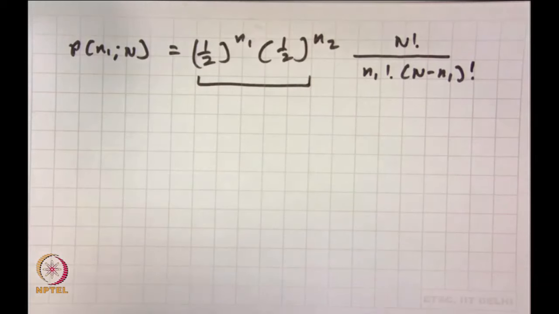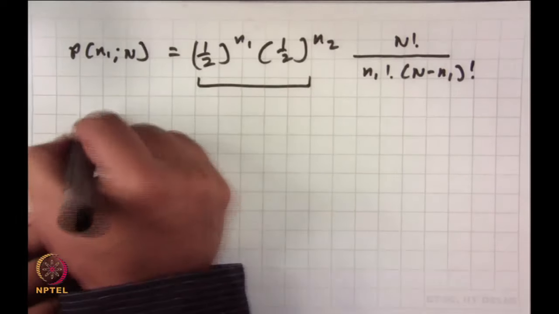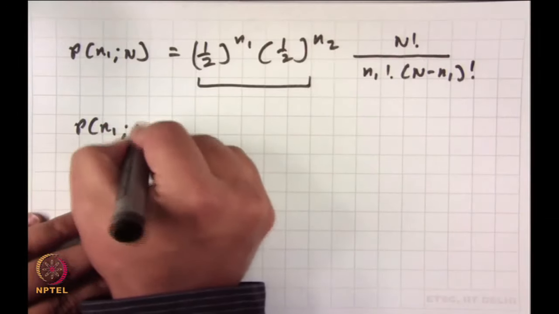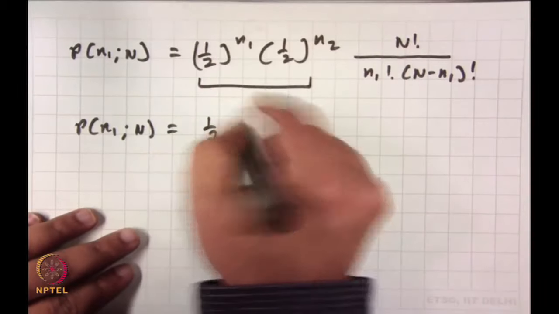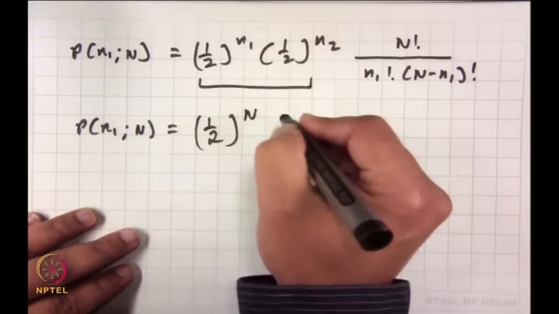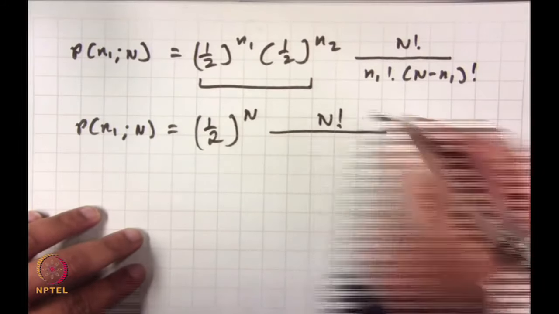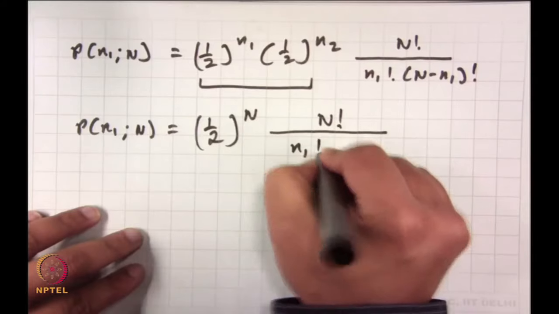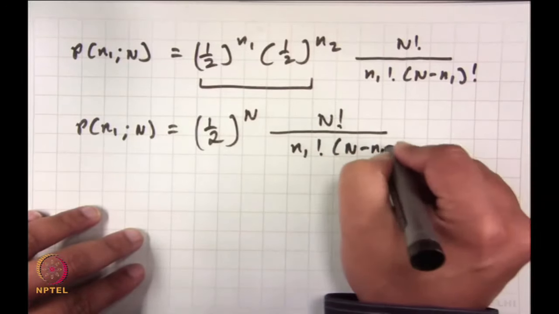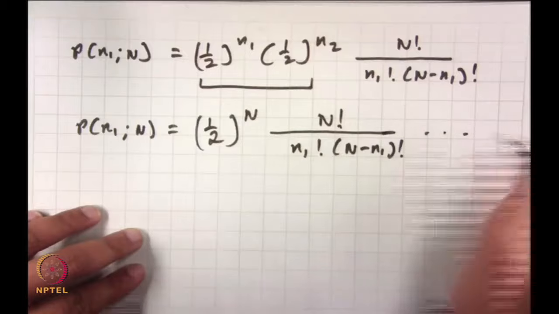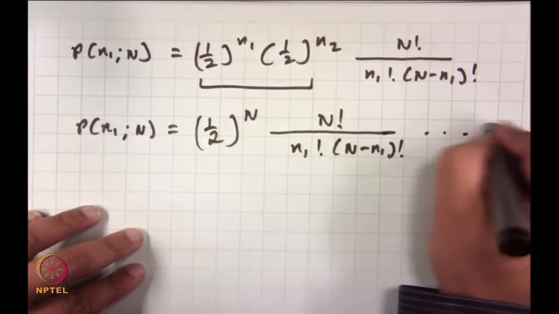Half to the power N, isn't it? See, now N has come in, because my probability distribution is only based on n1 out of N. I should not be having n2, that is the point. So, I can write P(n1; N) is equal to half to the power N, N factorial over n1 factorial, N minus n1 factorial, and this would be equation 5 for me.